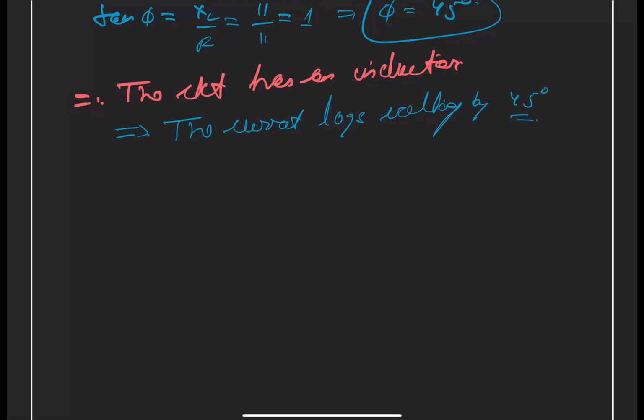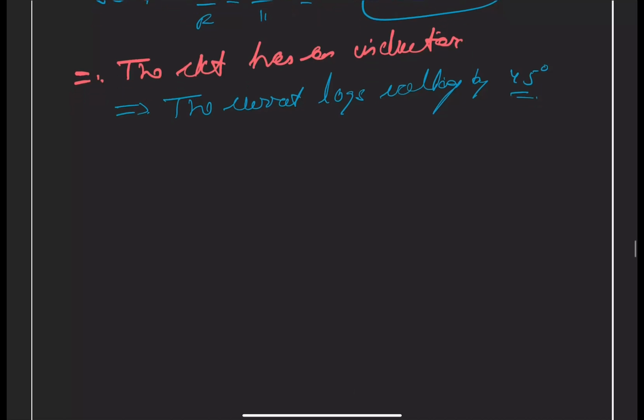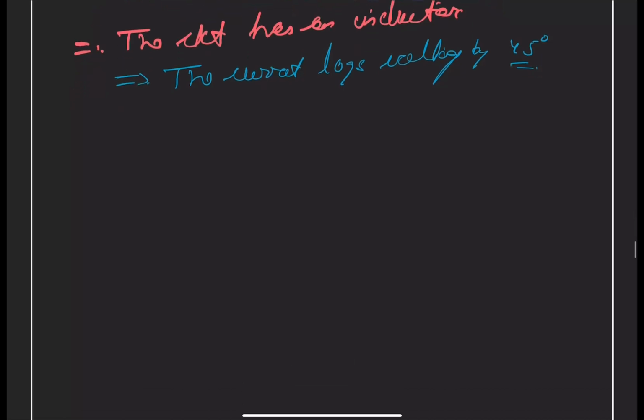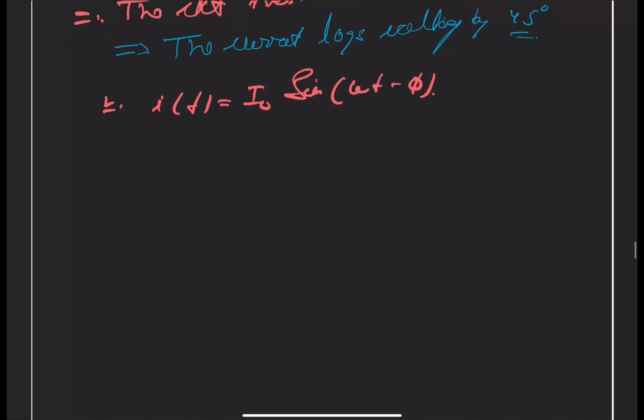We are supposed to plot for one cycle, and therefore we can write the equation for the current. Our current I of t is equal to I0 sine of omega t minus phi, and we are supposed to do it for one complete cycle.